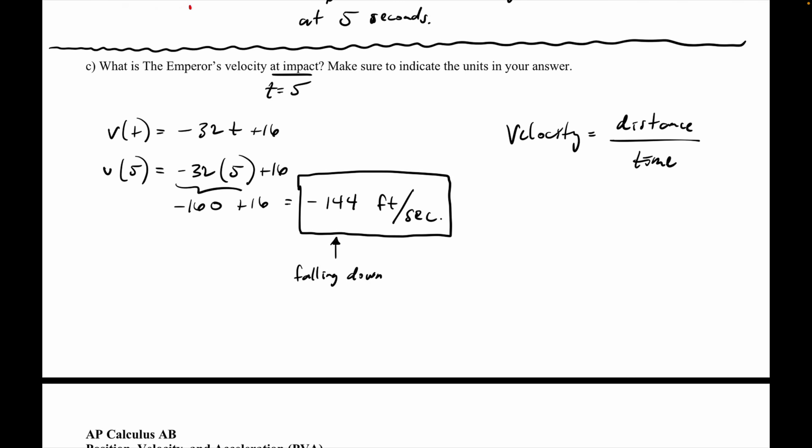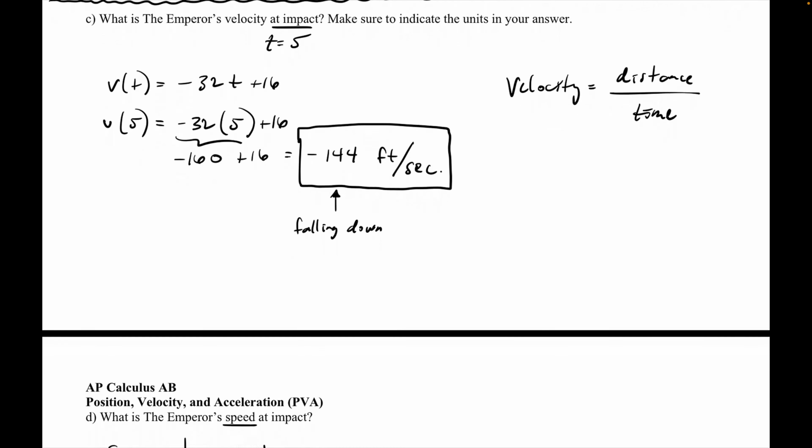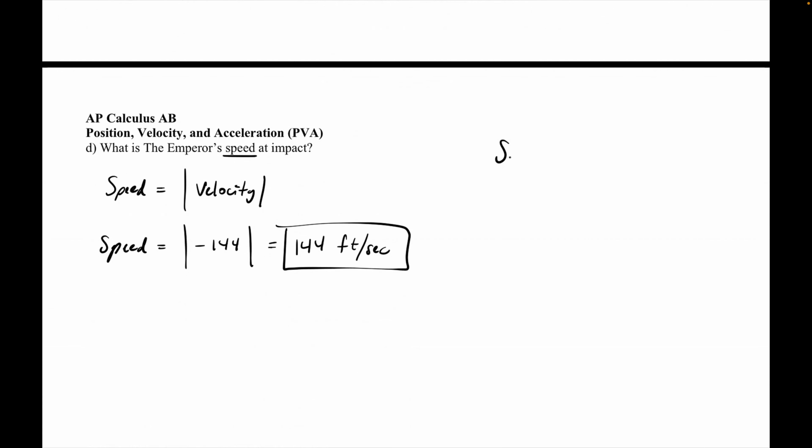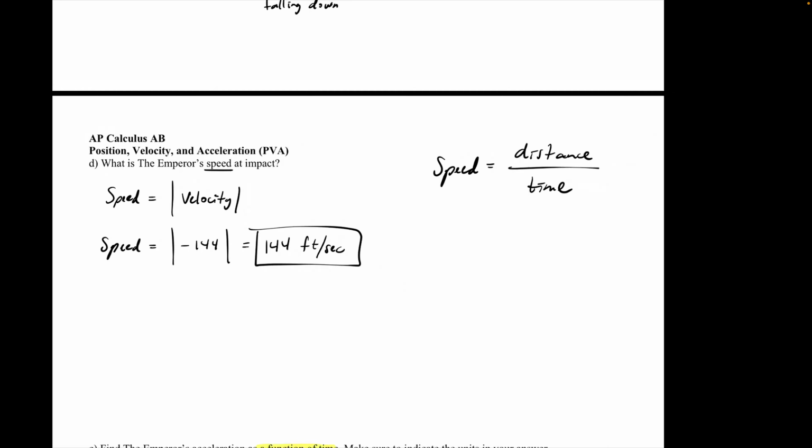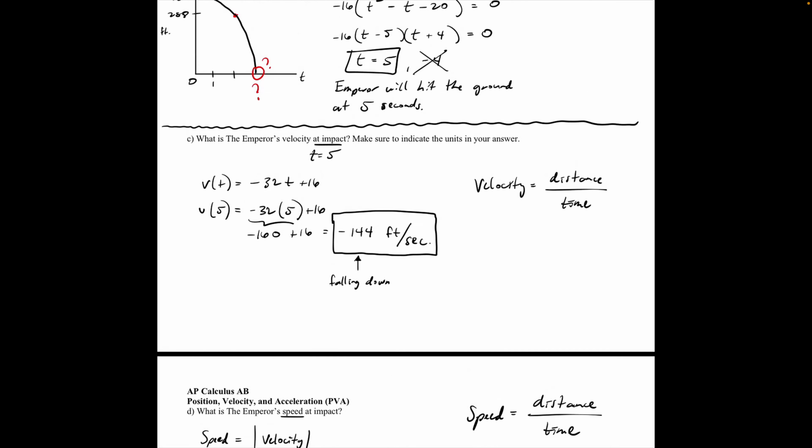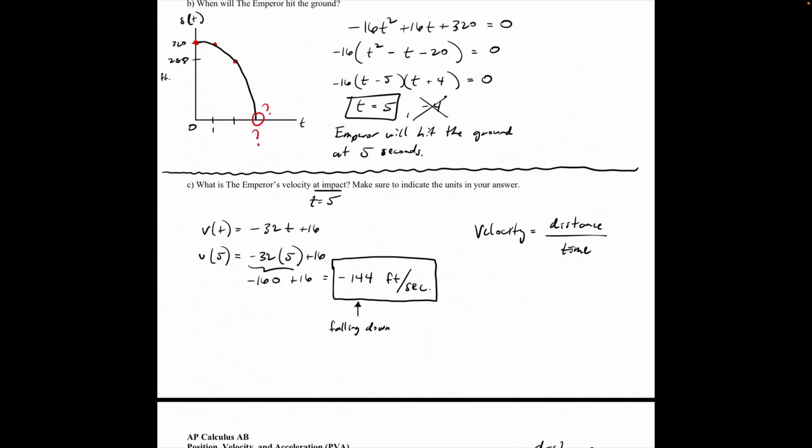Miles per hour, feet per second, that kind of thing. Same thing with speed. Speed is distance over time. And then position doesn't have any time. It's just distance. Position is just distance. Okay. And that's it.